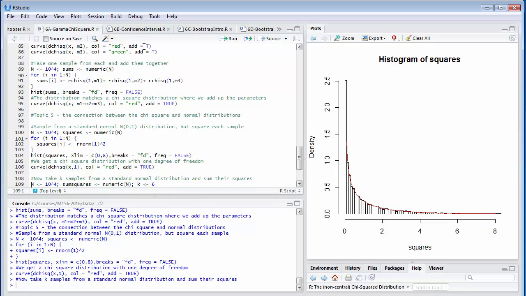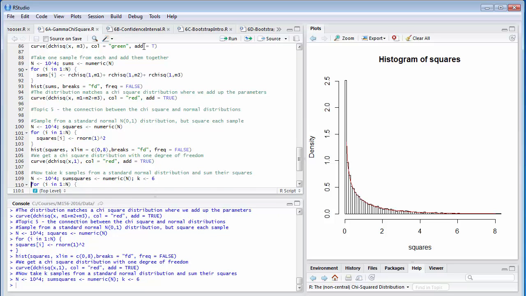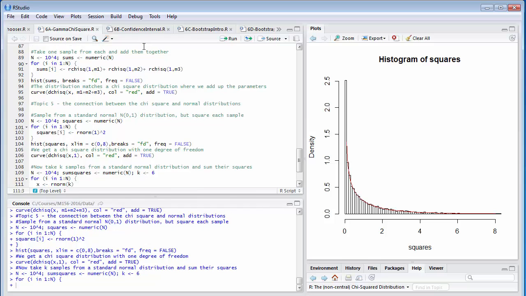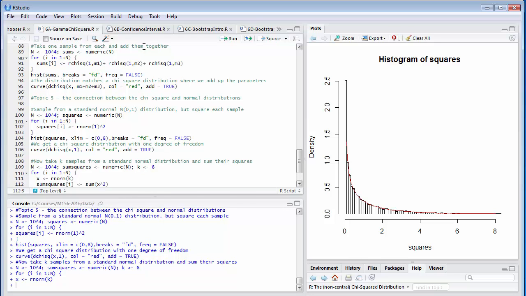Now let's do this with k samples. I've chosen k equals 6. You can use any other value if you want to. Again, 10,000 times, I will generate a normal distribution. And now I have taken 6, k equals 6, random variables, and I will take the sum of x squared.